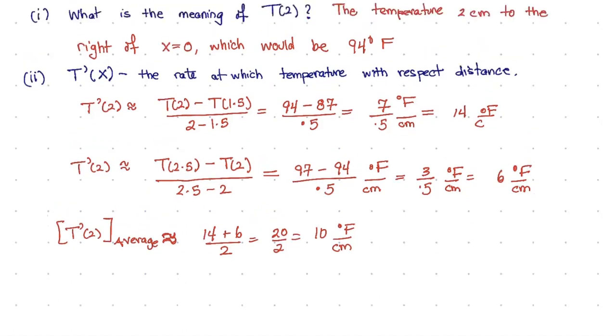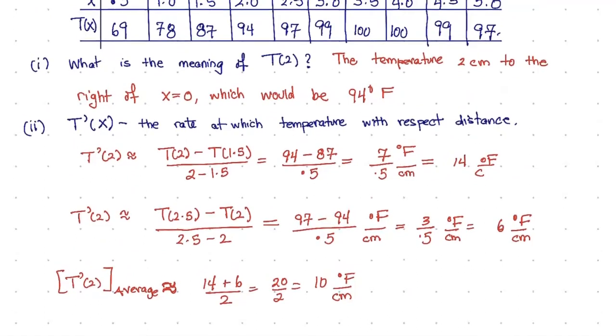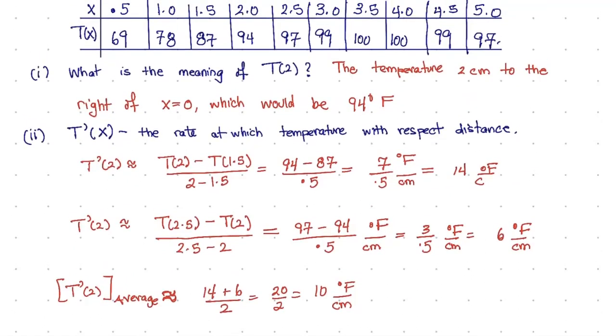One thing that we could probably say is that since it is cooler on the end closer to 0 than it is on the end closer to 5 centimeters, the heat is going to be flowing more into the direction of the cooler side of the wire, which is why we would expect that the backward difference is going to be greater than the forward difference.